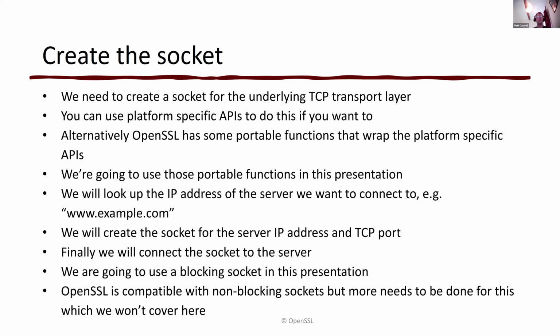So as the first step, we're going to look up the IP address of the host name we want to connect to, which for the purposes of this presentation is www.example.com. Then we're going to create a socket for that, and then connect that socket to the server.